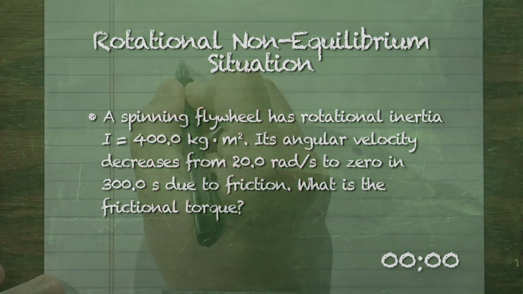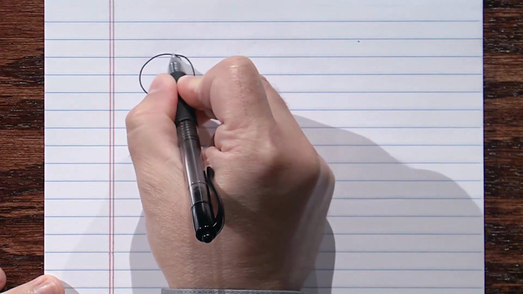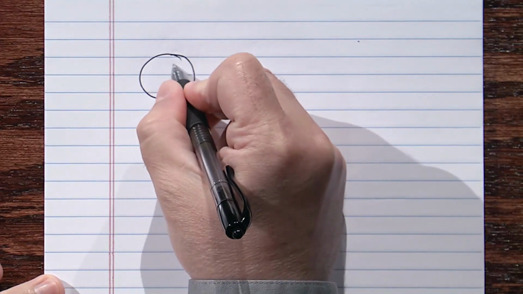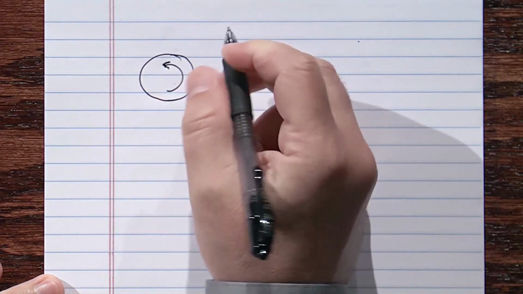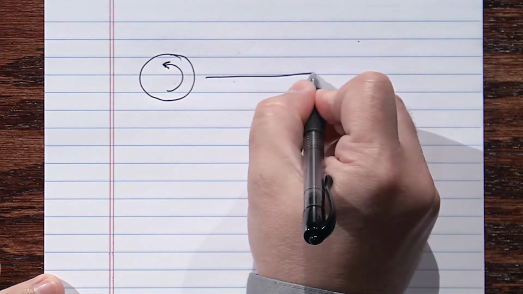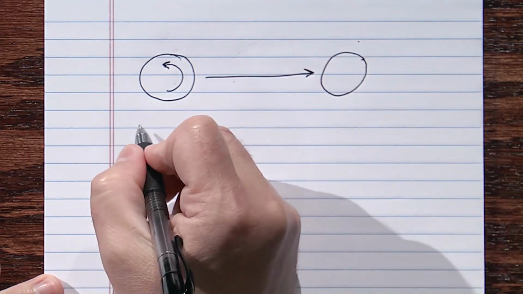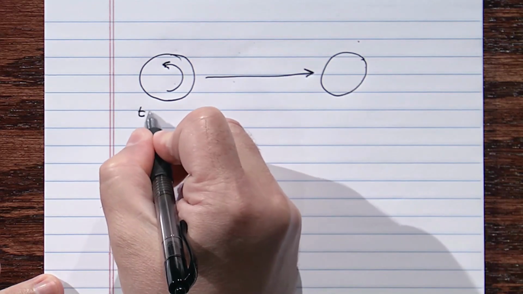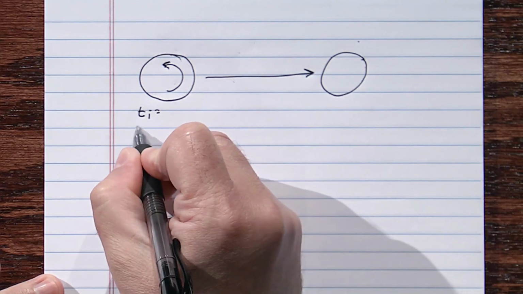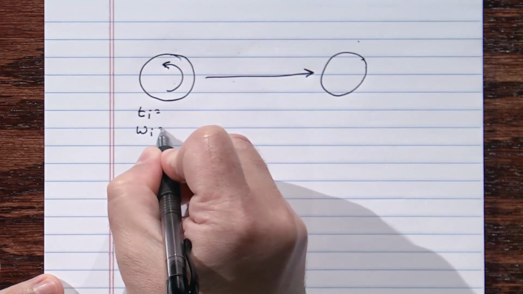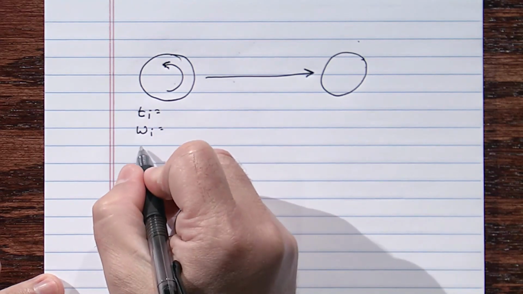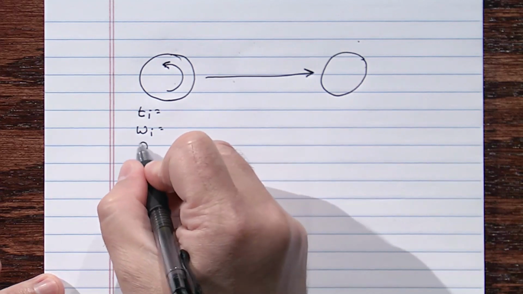Okay, here's our spinning flywheel. It is rotating, and then after some time it comes to rest. So we have t initial, omega initial, and theta initial.